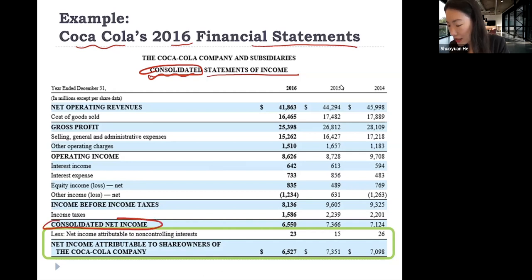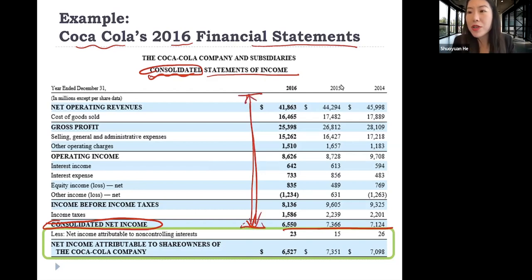This line is consolidated net income. Coca-Cola may have a lot of subsidiaries. Up until this part of the consolidated statement of income, some of Coca-Cola's subsidiaries may be 100% owned by Coca-Cola, but some of its subsidiaries may not be 100% owned.